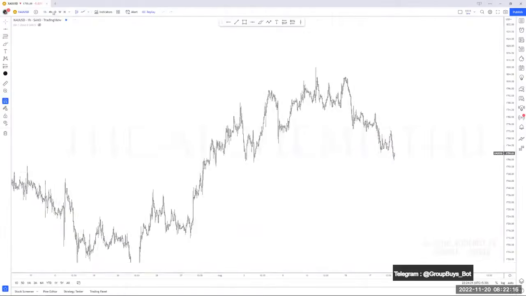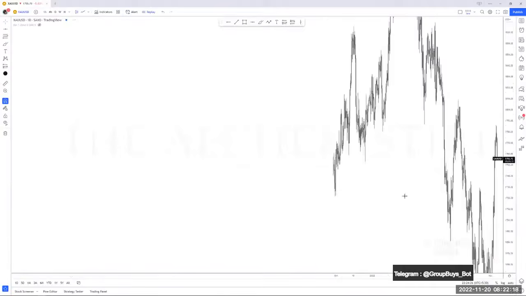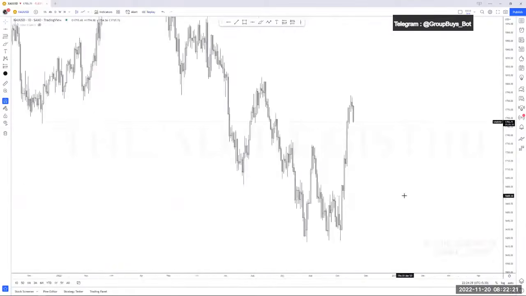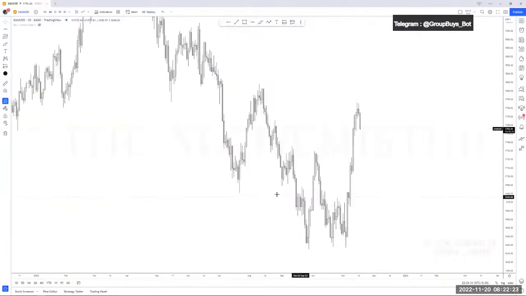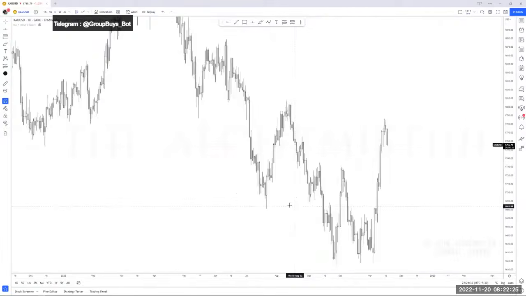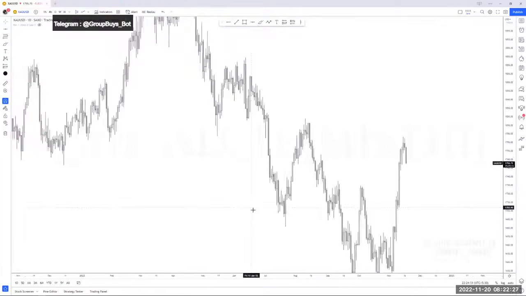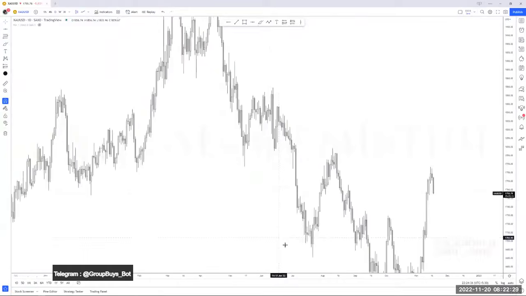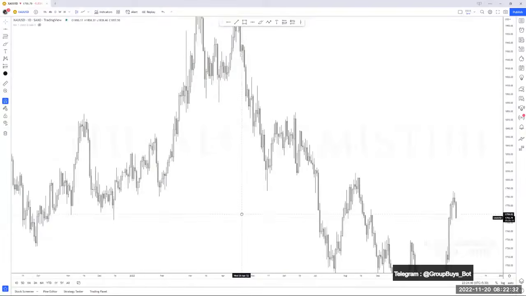So let's see some more. Let's try to see a daily zone. Another daily to daily. Where did we have a daily to daily? Let's see one more.